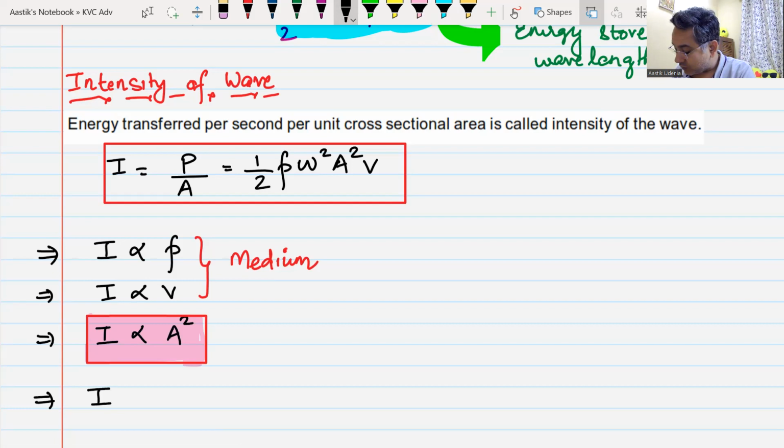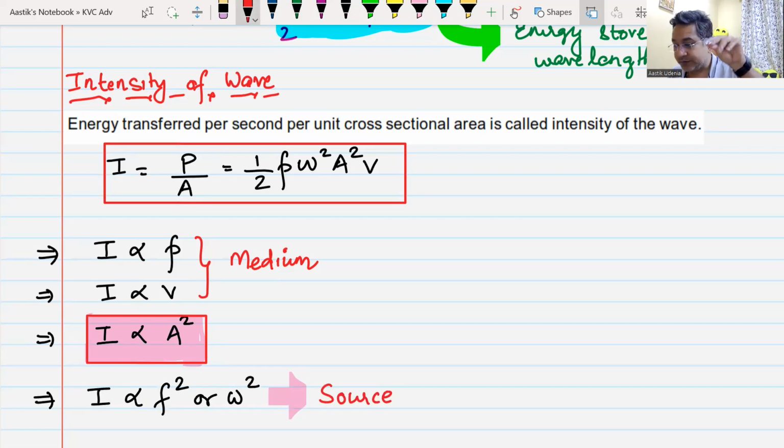Intensity of the wave also depends on f square, or you can call it omega square. That means it depends on the source, because the source gives you the frequency. So how can you change the intensity of the wave?